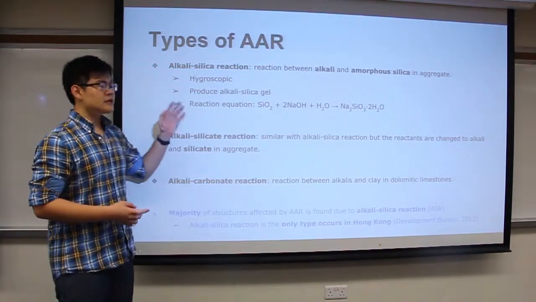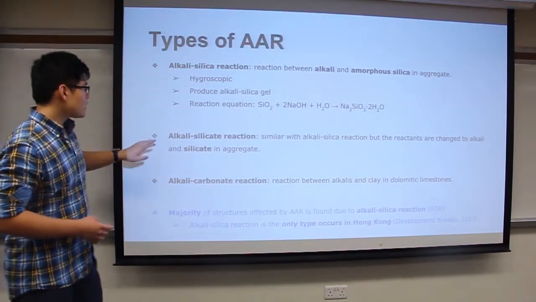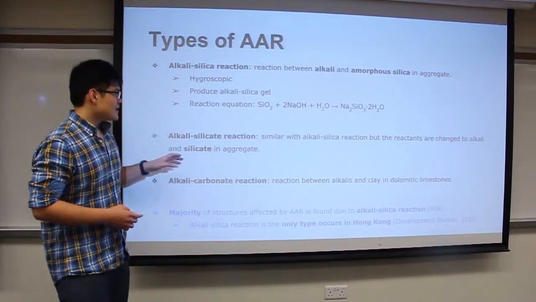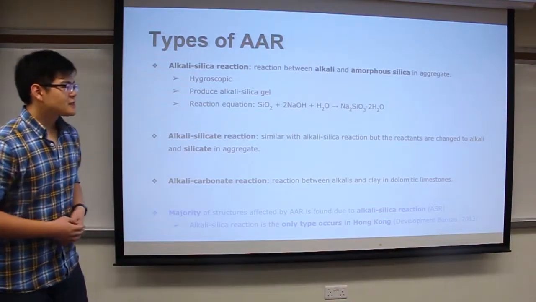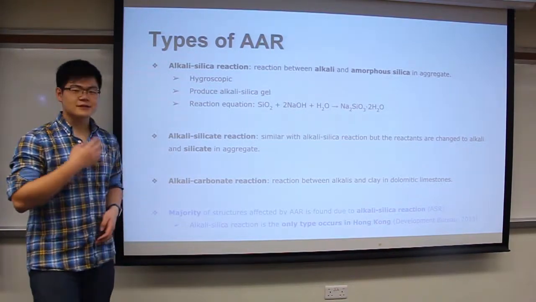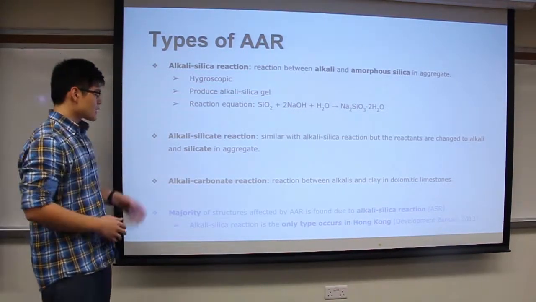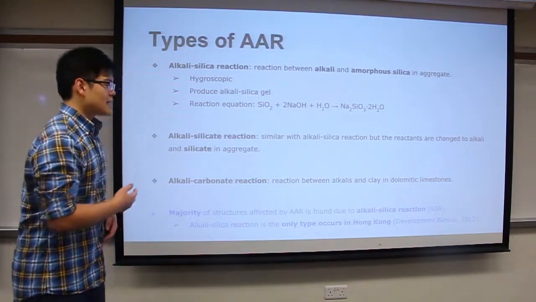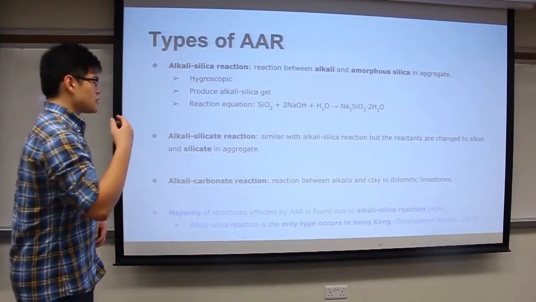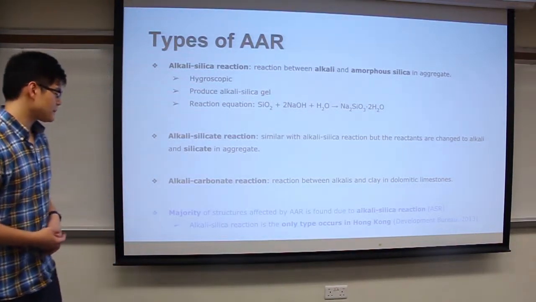And the chemical equation is shown here. Alkali silicate reaction is similar to alkali silica reaction, but the reactants are changed to alkali and silicate in aggregate. And alkali carbonate reaction is a reaction between alkalis and clay in the dolomitic limestones.